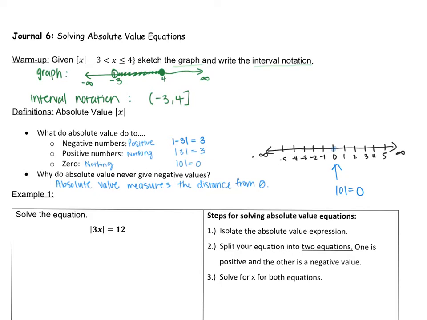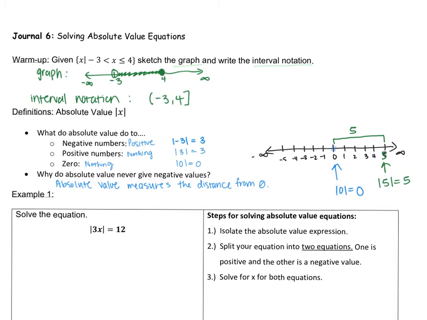But if you were doing it from 5, so if you took the absolute value of +5, you would need to count how far 5 is away from 0. Well, if you count the number of units or steps you had to take, you're about 5 units away. So that's why the absolute value of 5 is 5.